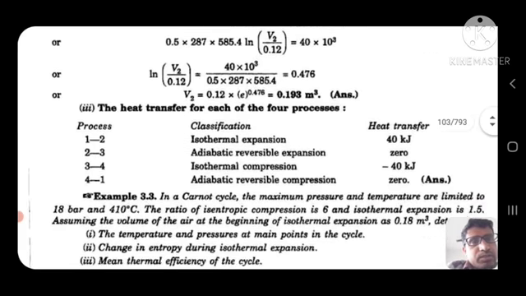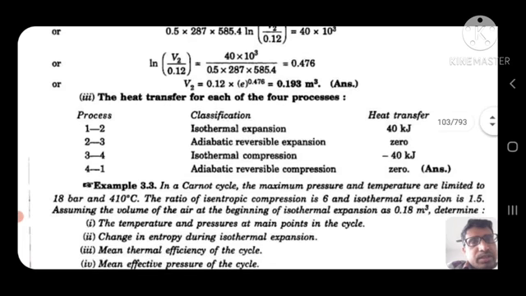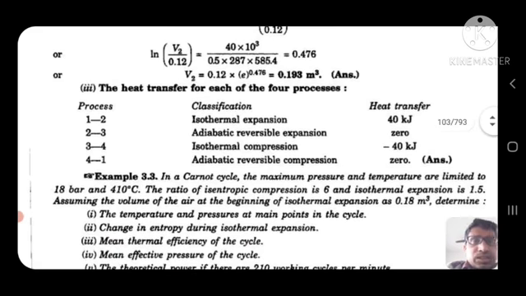So ln (V2 by 0.12) is equal to 40 into 10 cube divided by 0.5 into 287 into 585.4, which is equal to 0.476.